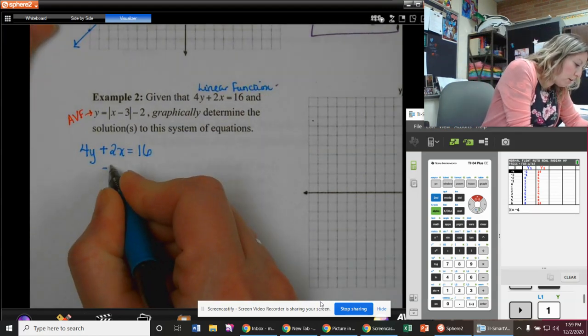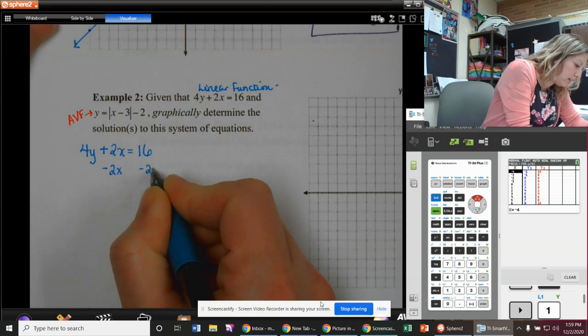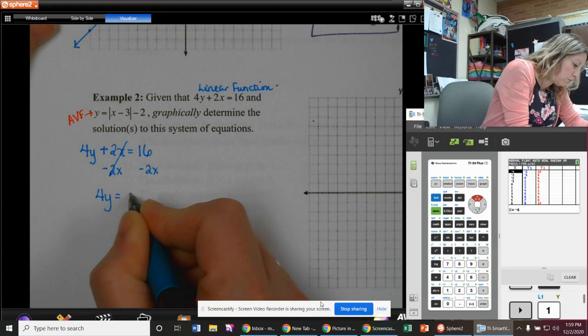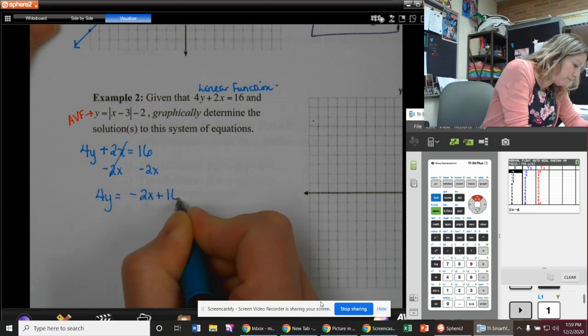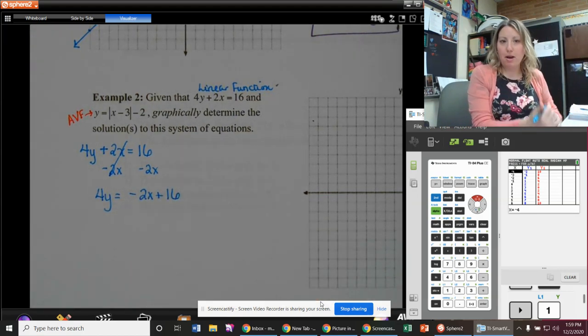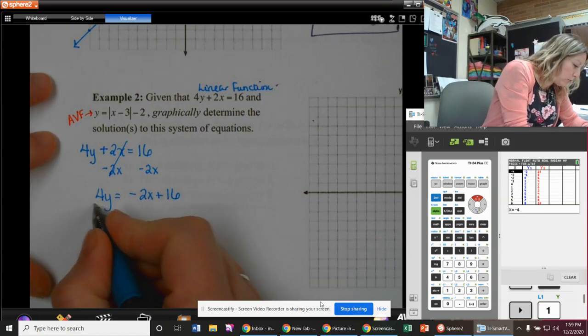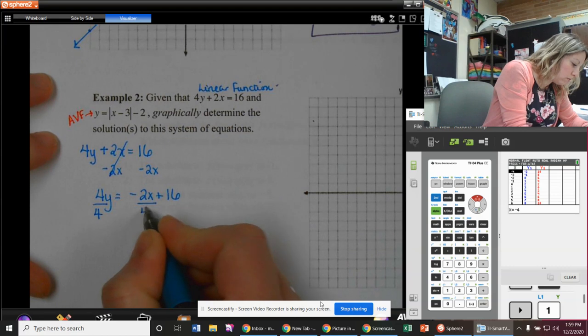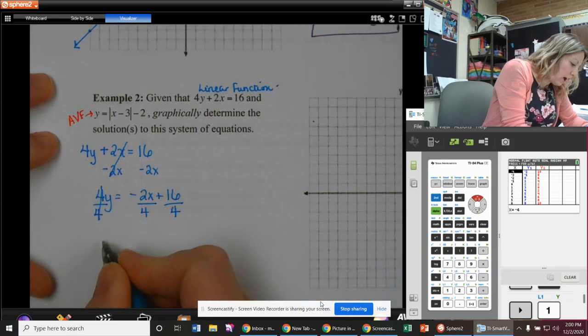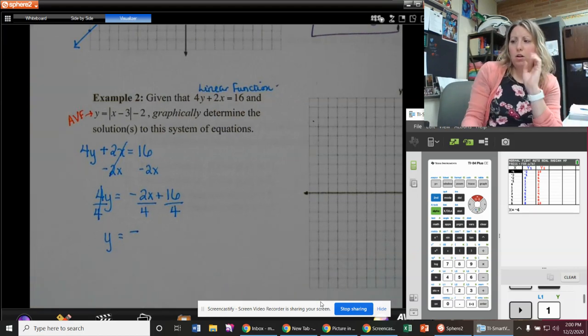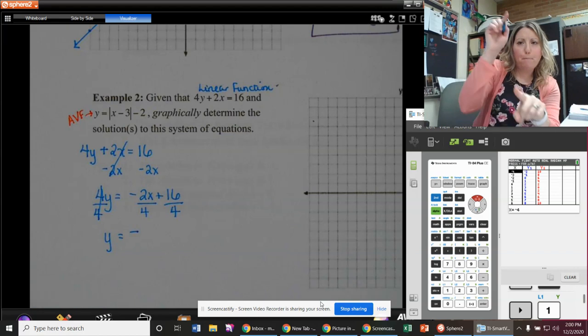So let's start by moving the 2x over by subtracting it, right? Because a positive 2x, the opposite is a negative 2x. So bring down my 4y equals negative 2x plus 16. Again, I prefer mx plus b. Now I've got this 4 in front of y, so I divide everything by that 4. I get y equals negative 2 over 4, and 2 can evenly divide with 4, so let's just divide both by 2, right?